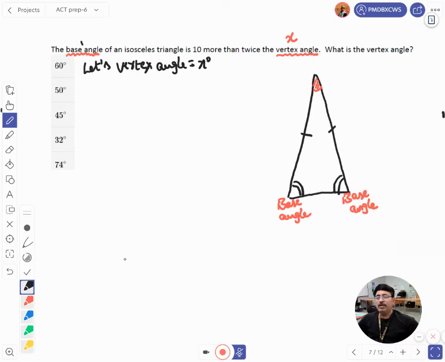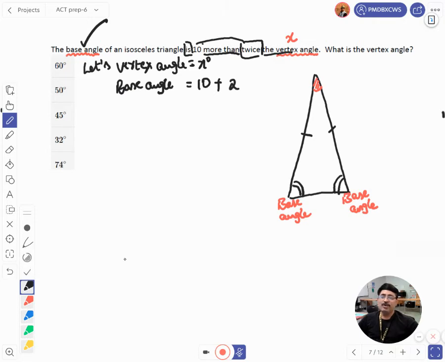Now read the question: the base angle is 10 more than twice the vertex angle. More means a positive sign. Twice means 2 times the vertex angle, so twice the vertex angle is 2x. Now we know that the base angle is 10 plus 2x, and the vertex angle is x, right?